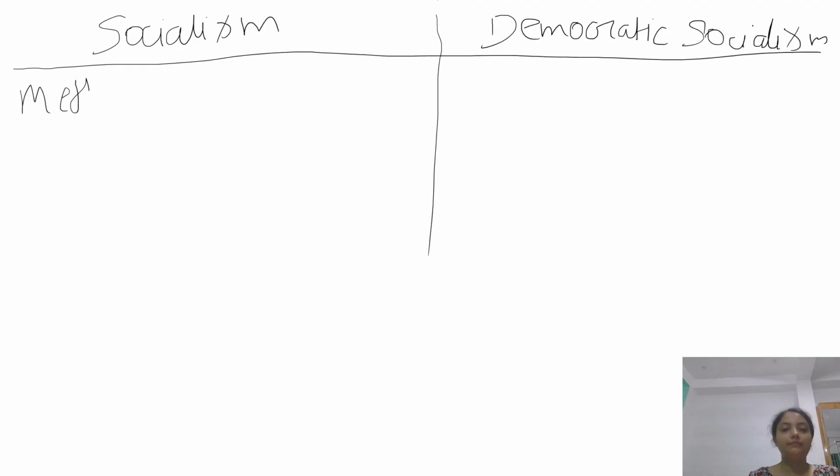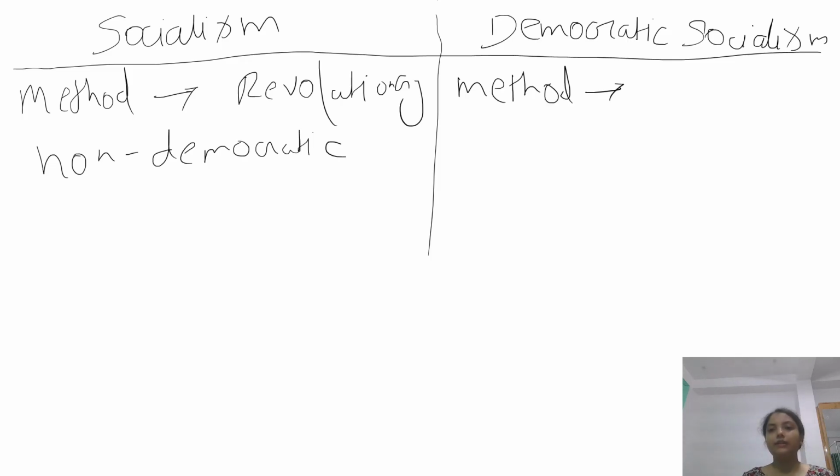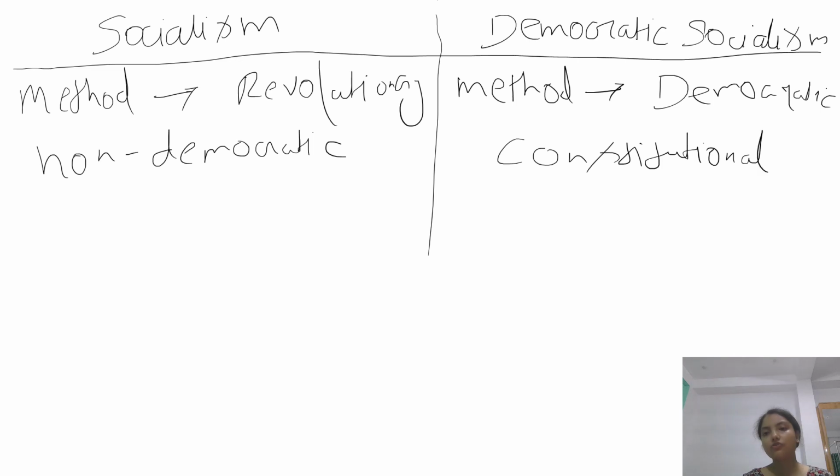Here the method may be revolutionary, non-democratic, but to achieve socialism in India the method is democratic, constitutional. Through constitutional means India envisaged to achieve socialism, for example, through DPSPs.